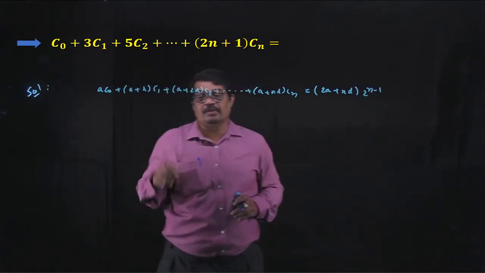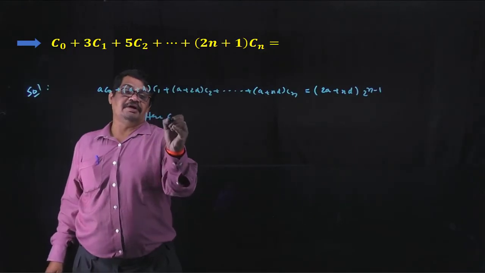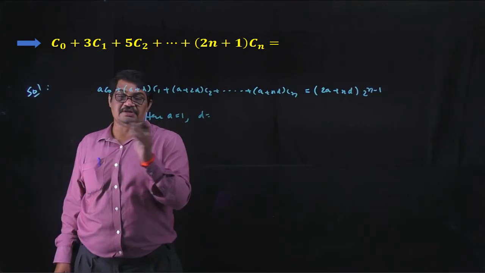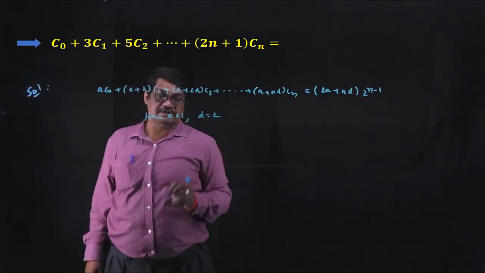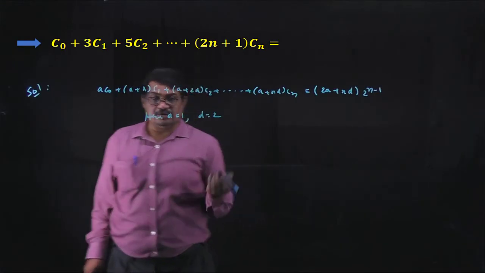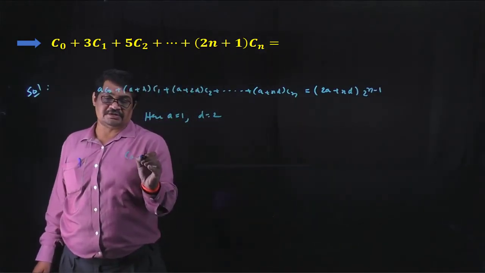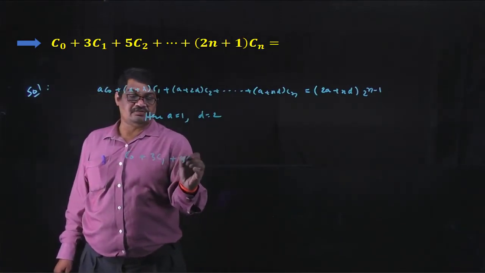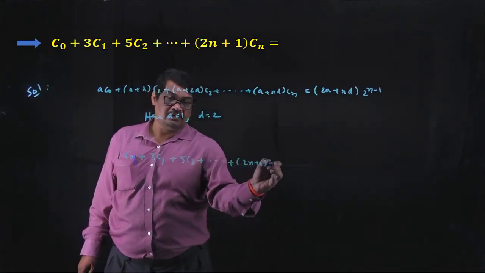So what is the common difference here? a is 1 and the common difference is 3 minus 1, that is 2, and 5 minus 3, that is 2. So the common difference is 2. Now using this formula, we get the value of this series C0 plus 3C1 plus 5C2 and so on, (2n plus 1) Cn.